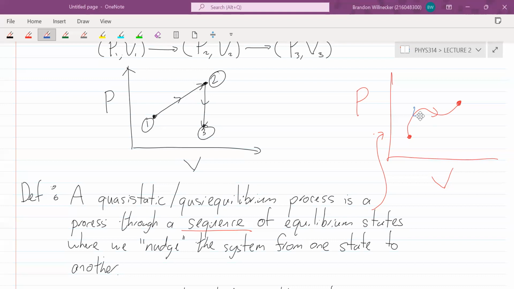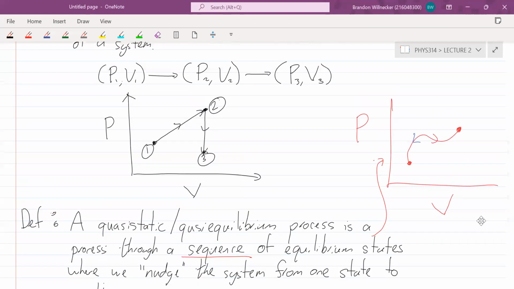Okay, so the idea of quasi-static just means that each point is in equilibrium. So if I just draw here, we've got one point here, that's in equilibrium because it's a macro state. This point is in equilibrium because it's a macro state, and so on. All of those points are in equilibrium.